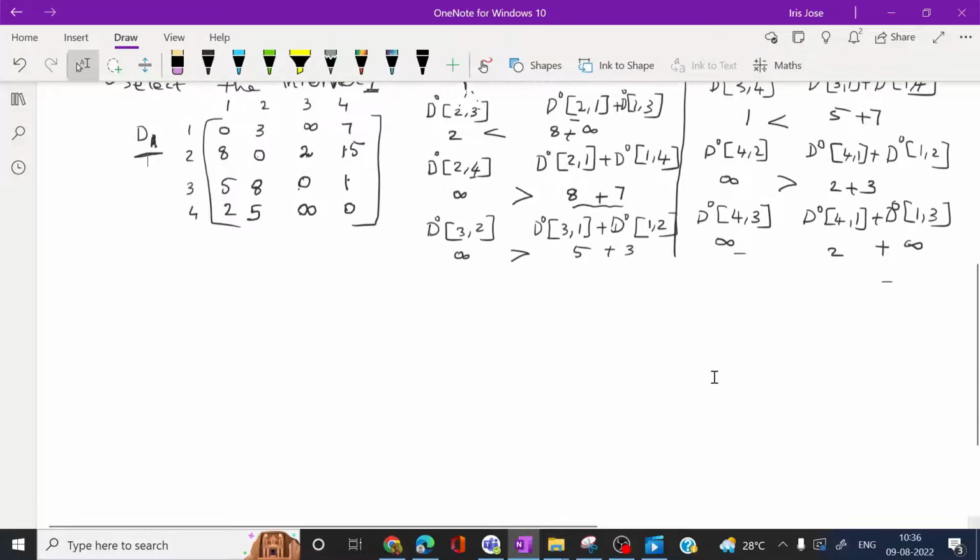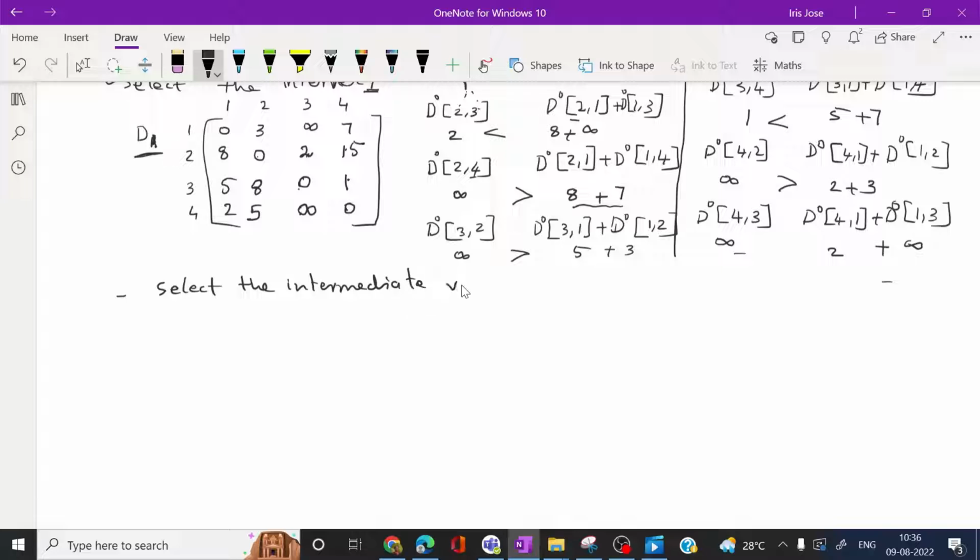Now we can see the next step. One step is over. In the first step we selected the intermediate vertex as 1. In the next step we will select the intermediate vertex as 2. One by one we will take the intermediate vertices.